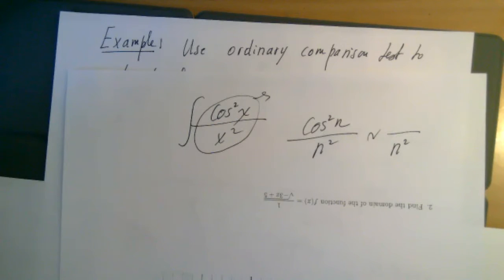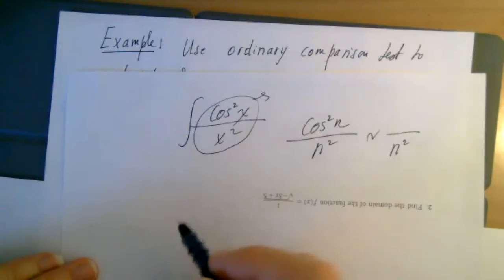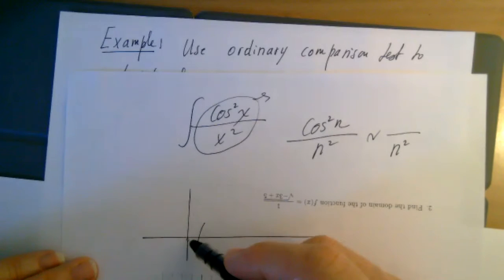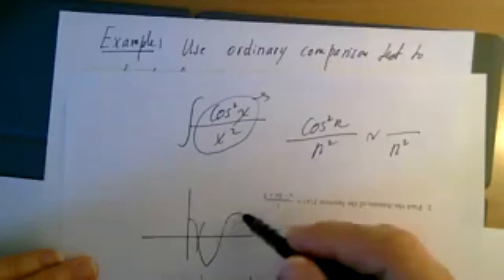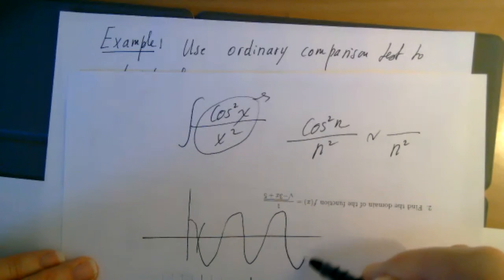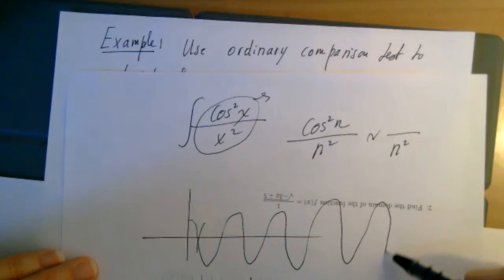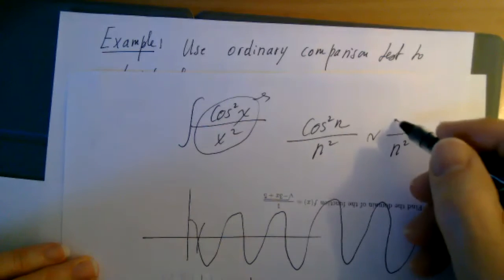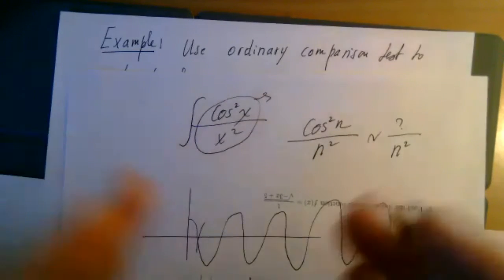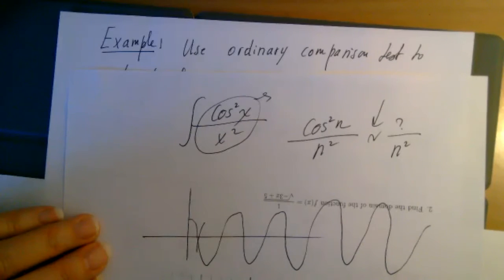It doesn't simplify, because cosine squared, when n is large, is not close to anything. If you remember, the cosine keeps going up, down, up, down. So the cosine is not getting close to anything when n is large, so I don't know its behavior when n is large. So I'm stuck in this case, and I cannot compare it to anything by using the limit comparison test.